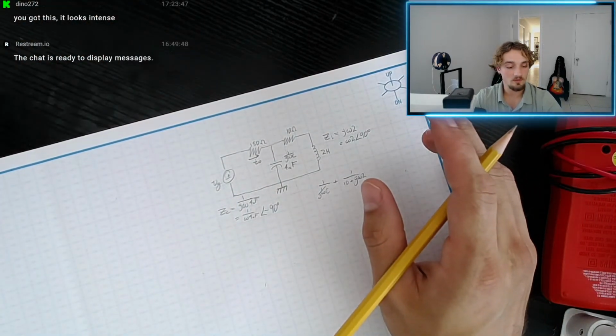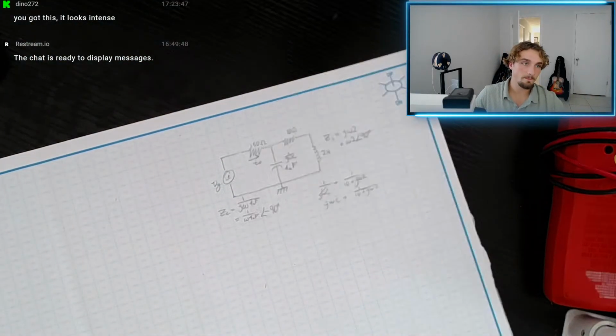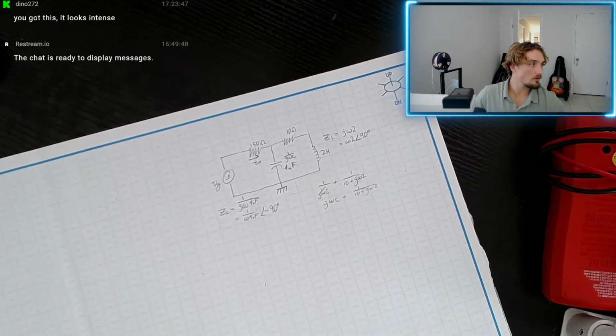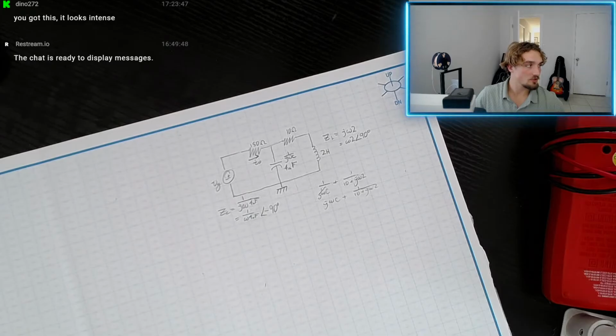What time is it to do it now? No, my stream cut out. Are we back? The stream cut out.